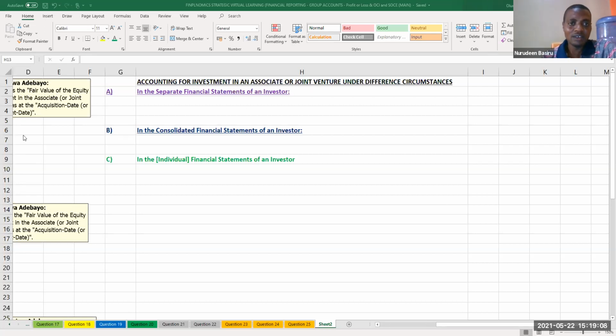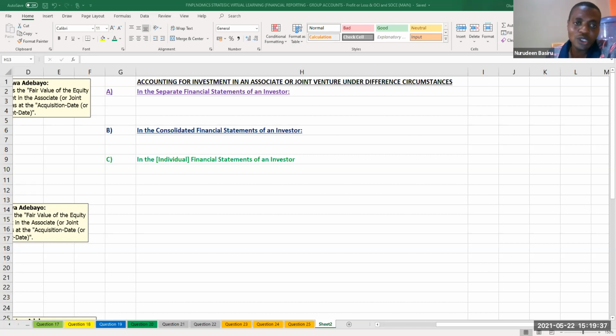But for the consolidated financial statements of an investor, that is the presentation in a consolidated form as if the acquisition has taken place, meaning that the parent and subsidiary relationship is existing.